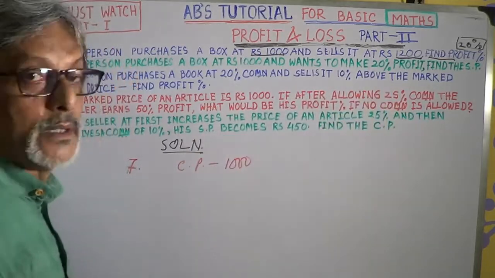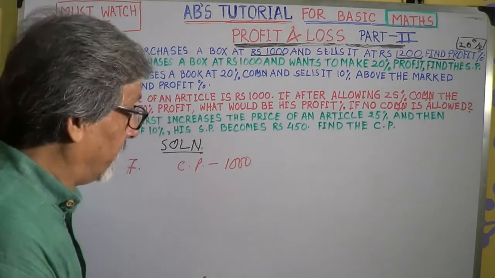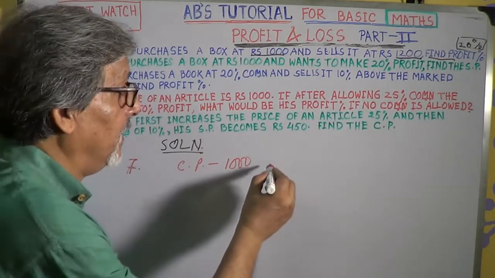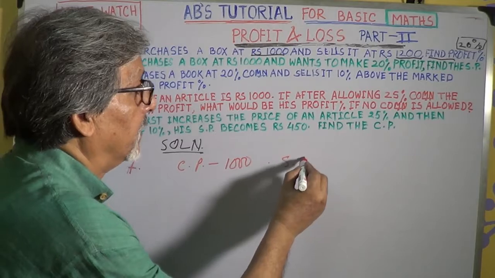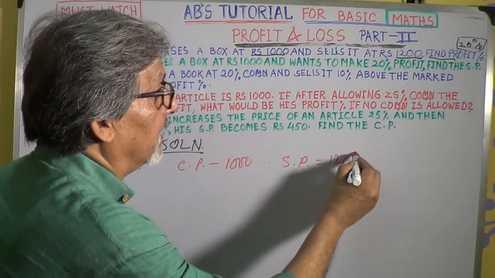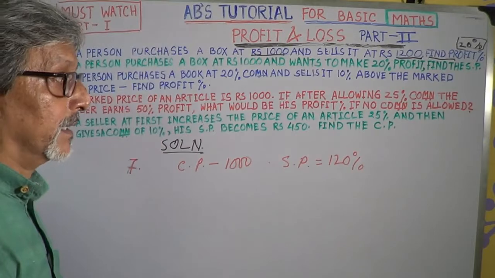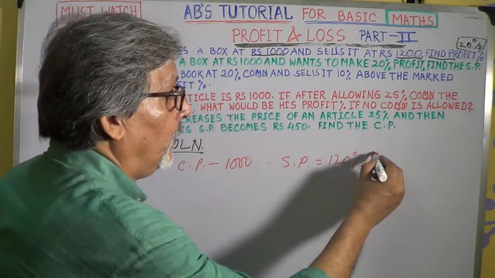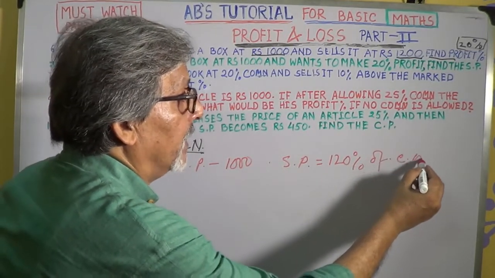To make 20% profit, what will be the SP? SP will be 120% of CP. Is it clear?